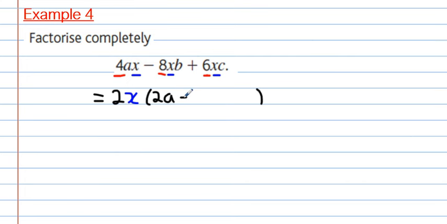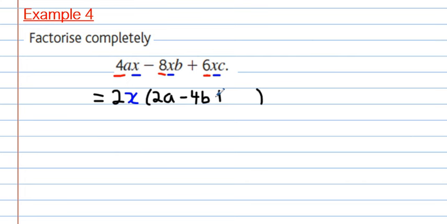Minus. How many 2's would you get in 8? Did I hear you say 4? Yeah, you're correct. 4. I already have the X outside, so I'm left with B. Don't forget the leftover comes inside the bracket.